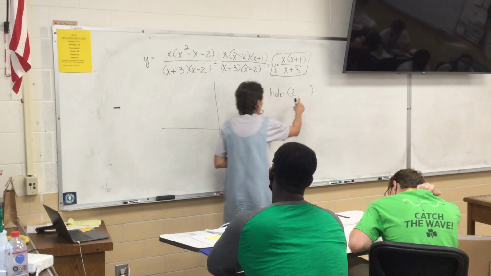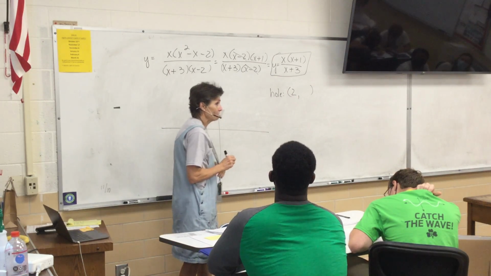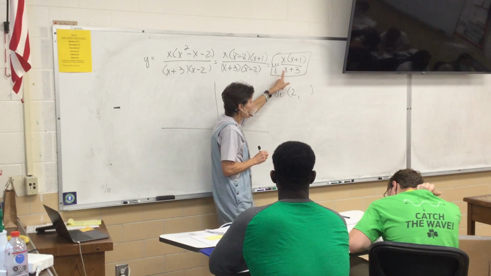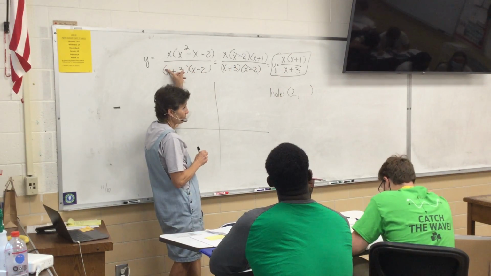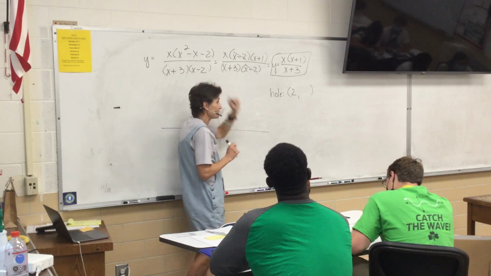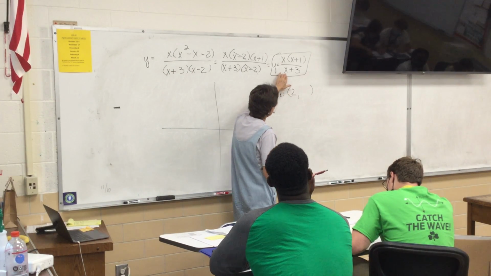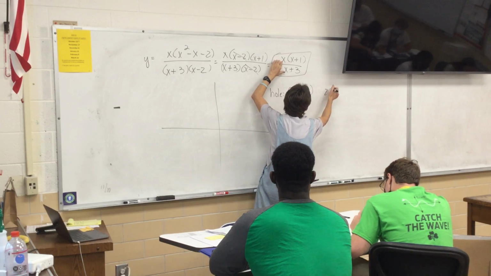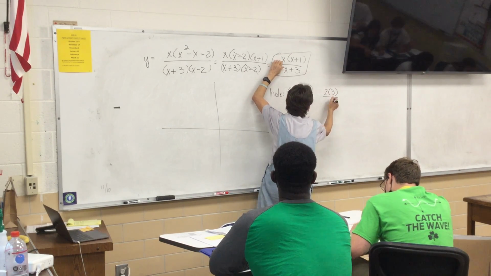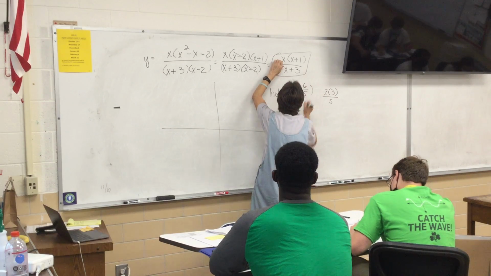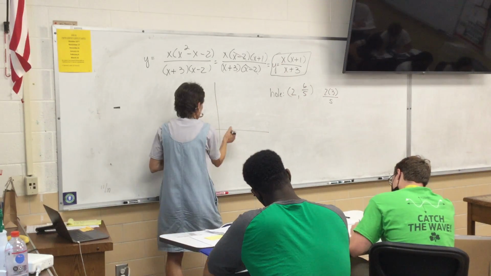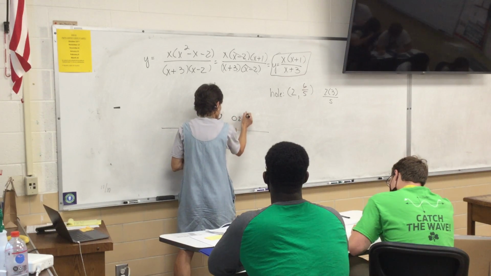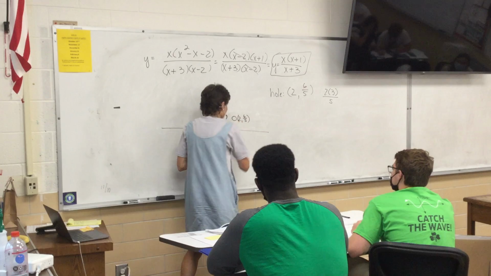What is going to be the y coordinate of that dot? Would you plug 2 into x? I plug 2 in right here. Do not try to plug 2 into the original problem, it won't work. You get a 0 in the denominator, you have to plug 2 in here. So if I put 2 in, I'm going to get 2 times 3 over 5, did you get 6/5? Yeah. So on my picture, at 2, 6/5, I'm going to have an open dot.